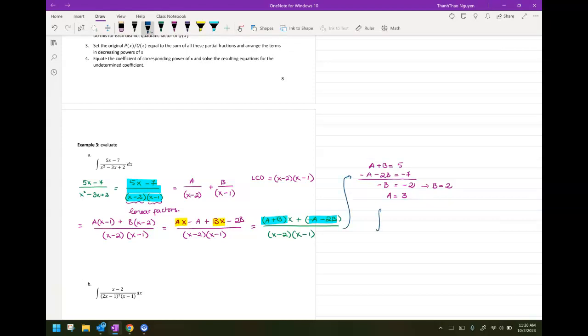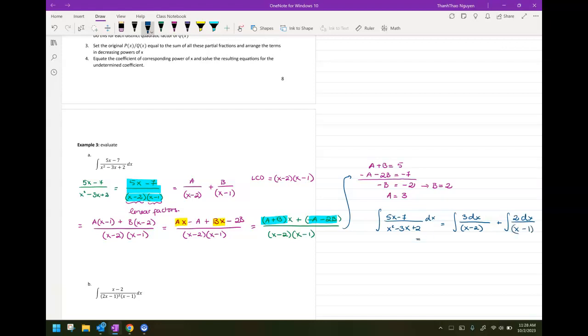So then the integral of 5x minus 7 divided by x squared minus 3x plus 2 dx is now equal to the integral of 3 dx divided by x minus 2 plus the integral of 2 dx divided by x minus 1.